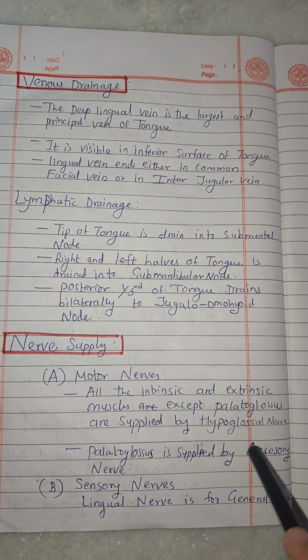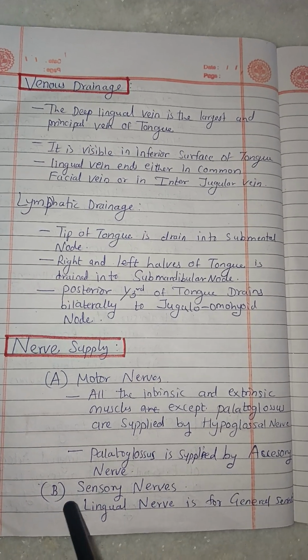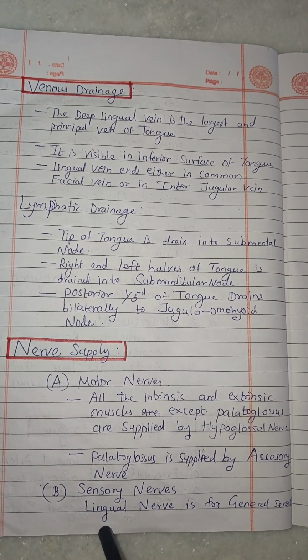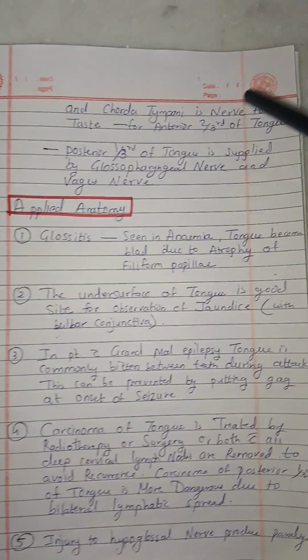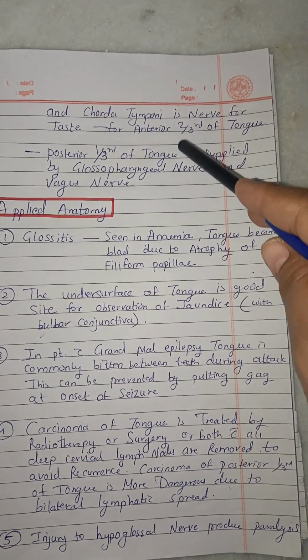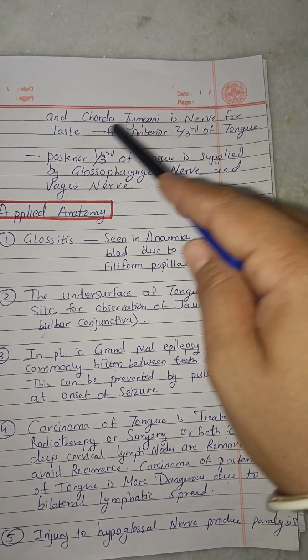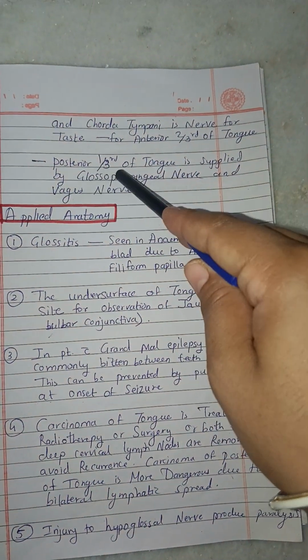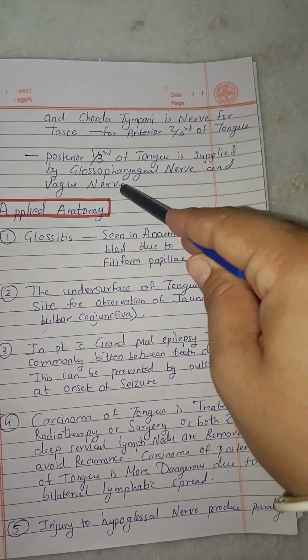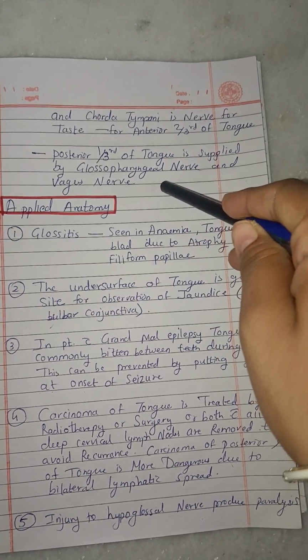Palatoglossus is supplied by the accessory nerve. Now sensory nerves. The lingual nerve is for general sensation, and the chorda tympani is the nerve for taste for the anterior 2/3 of the tongue. The posterior 1/3 of the tongue is supplied by the glossopharyngeal nerve and vagus nerve.